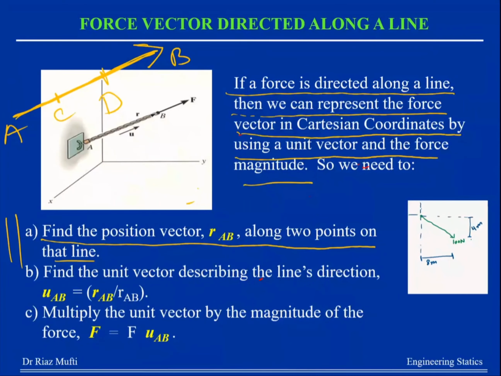If I need the position vector and I have all those coordinates, A, B, C, D, I can pick any two, A and C, to get the position vector and the unit vector out.